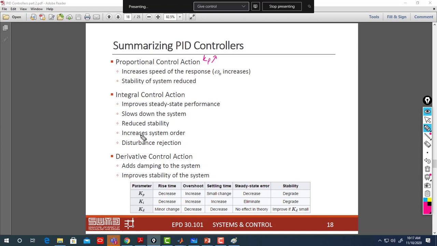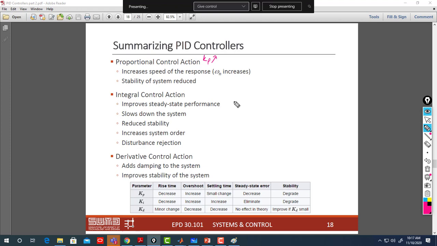But the integral control action improves the steady state performance, depending on the system type. If the system is type 1, then for a step input it eliminates the steady state error, but it doesn't eliminate the steady state error for a ramp input.